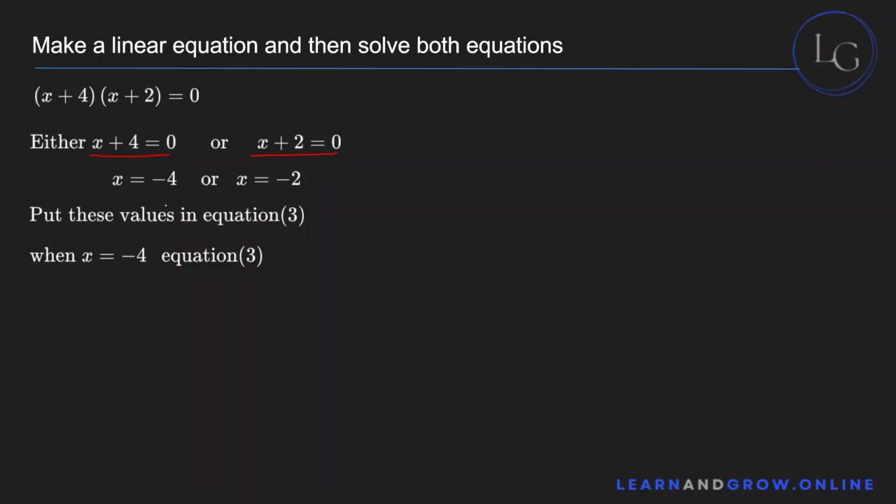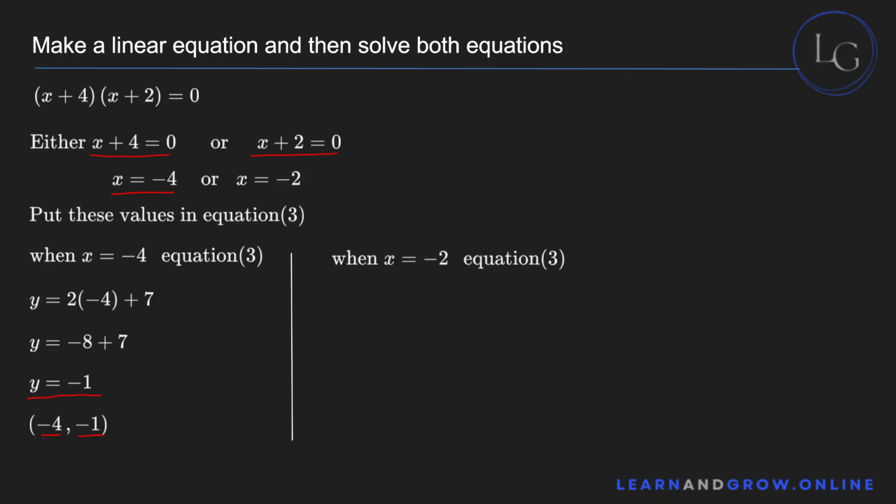So when you put x is equal to minus 4, the first value of x, in equation 3, you get y is equal to 2 times minus 4 plus 7, and you get a value for y which is minus 1. Now this is the first part of the solution set. So when x is equal to minus 4, y is equal to minus 1.